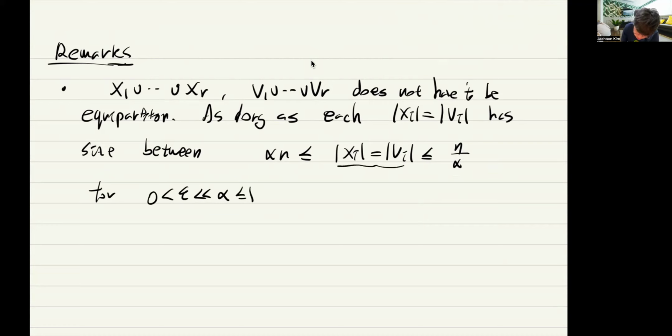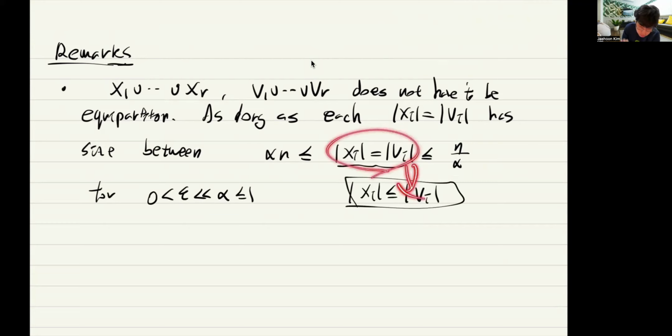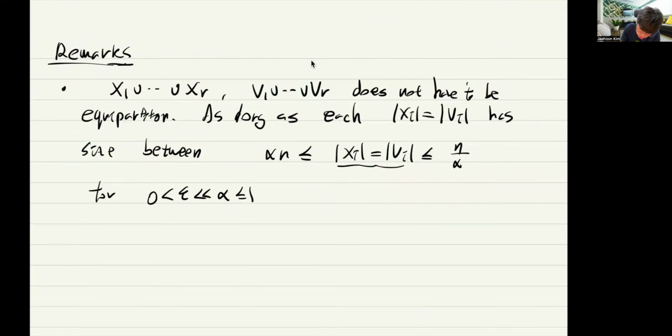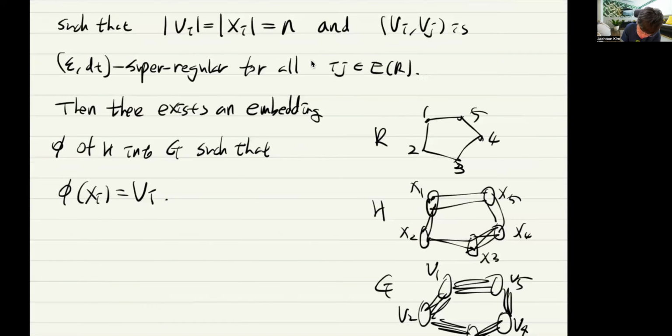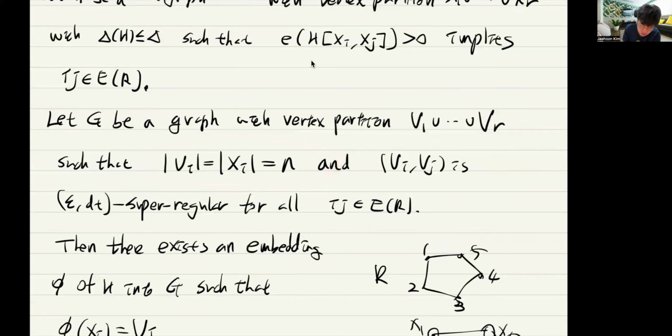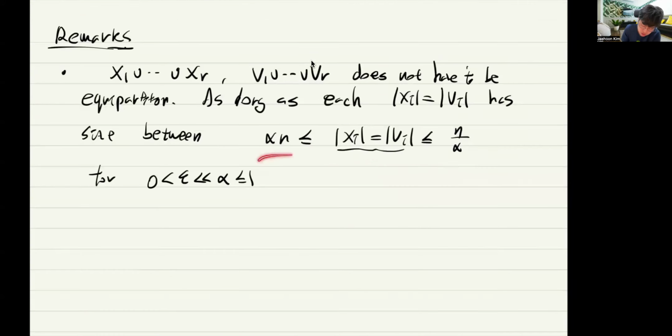In fact, this does not have to be equality. So inequality is fine. But this case implies that by adding some isolated vertices in H, we can just write it this way. So here we assume, for our convenience, everything has the same size, but it doesn't have to be, as long as their sizes are not too asymmetric.